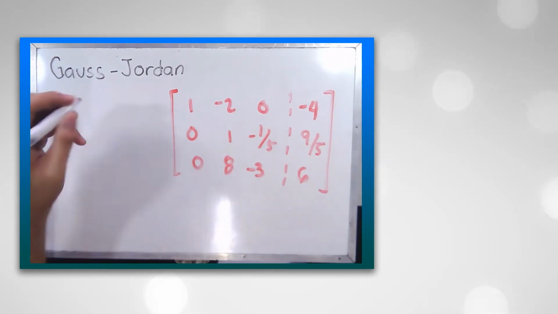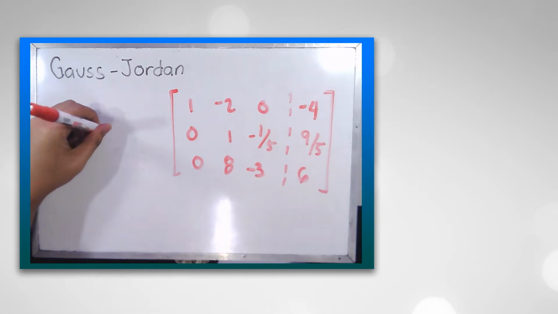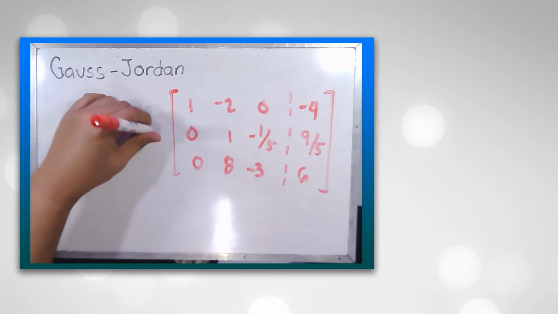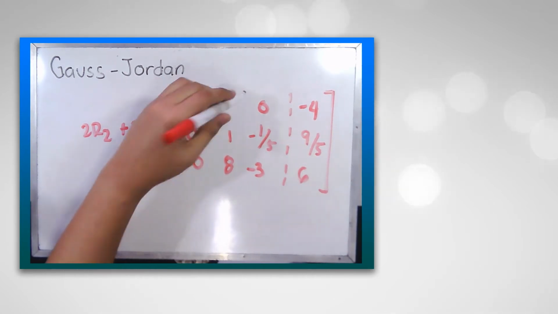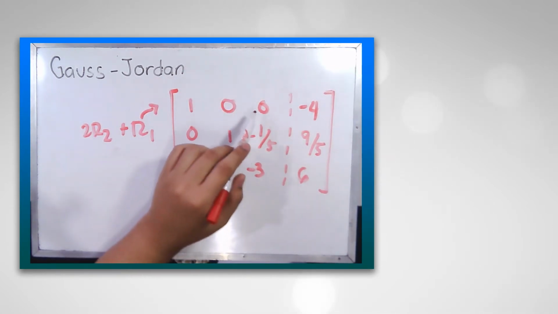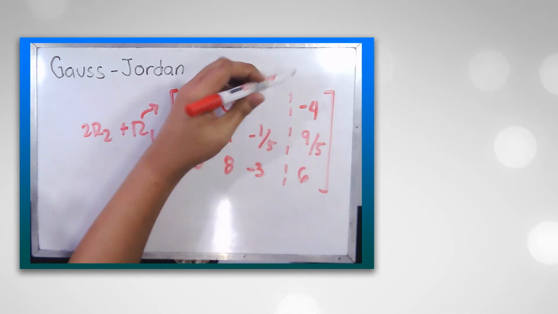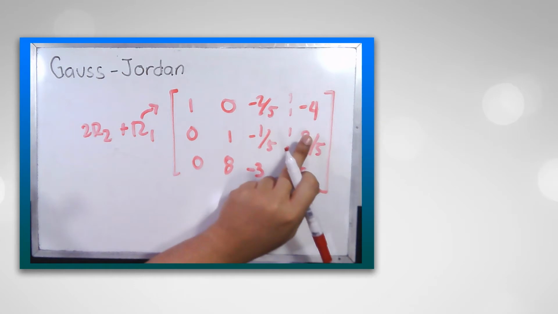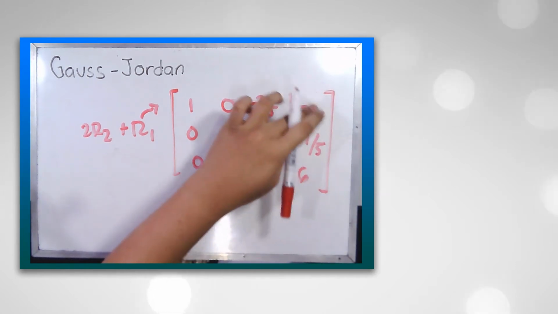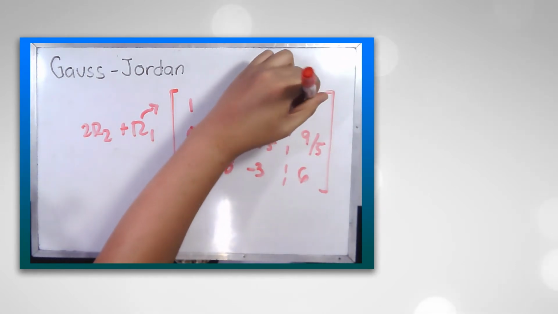To be clear, 2 R2 plus R1. So we could vanish this 1, reduce this to 0. This will become negative 2/5, and this will become also negative 2/5.